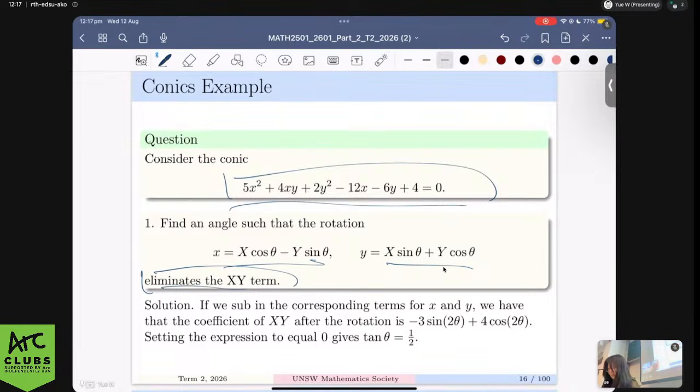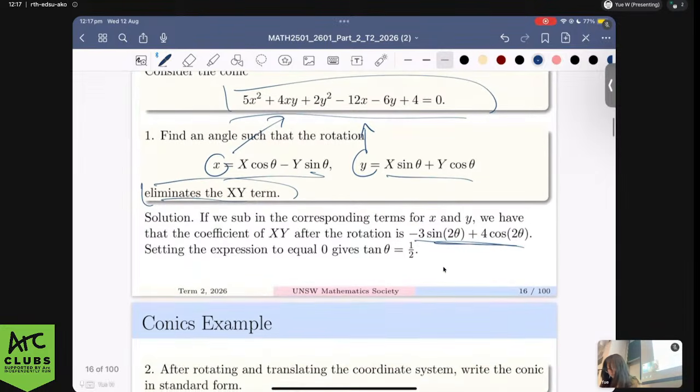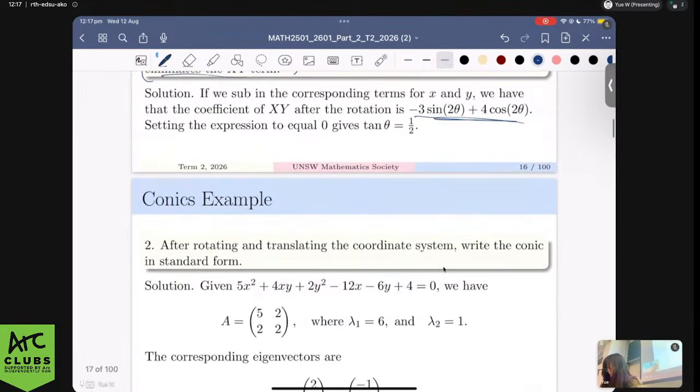So if you sub in your x and y into this expression here and rearrange it, and then find the coefficient of xy, you should be able to equate this to be equal to 0. And if you simplify everything, you should get that tan theta is equal to half.